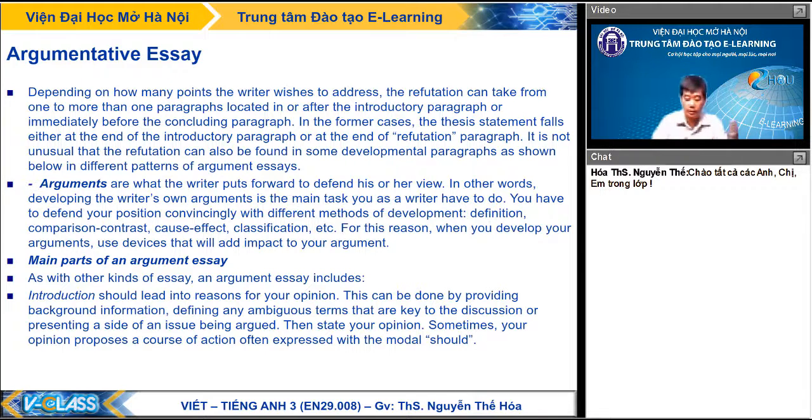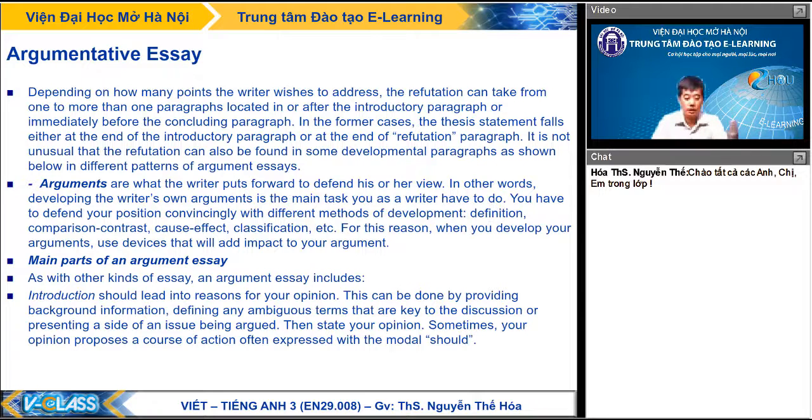The argument, I repeat. In writing an argumentative essay, you have to try to arrange the arguments that the writer puts forward to defend his or her view.